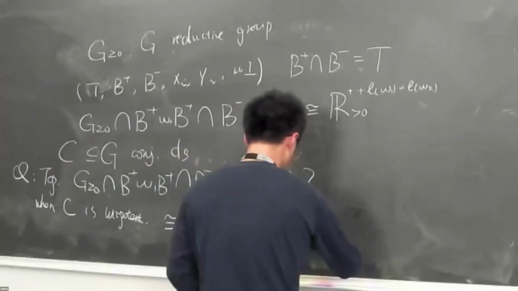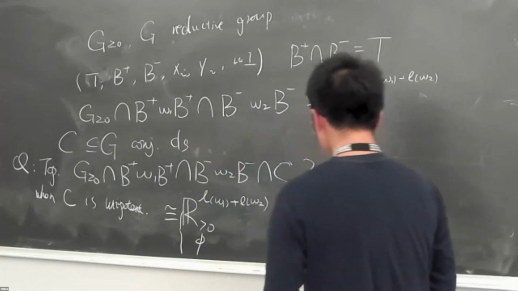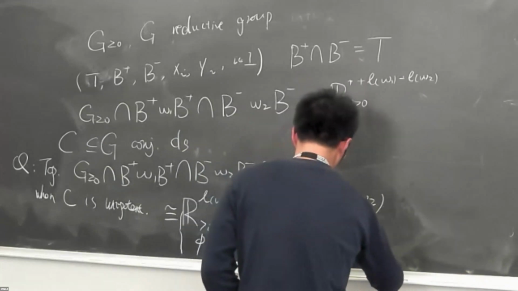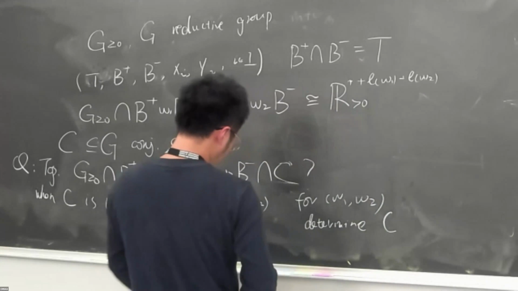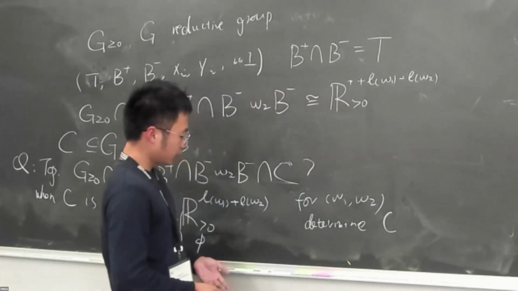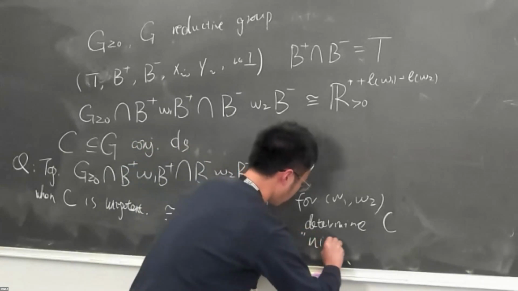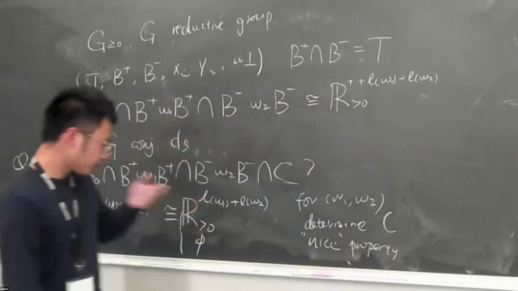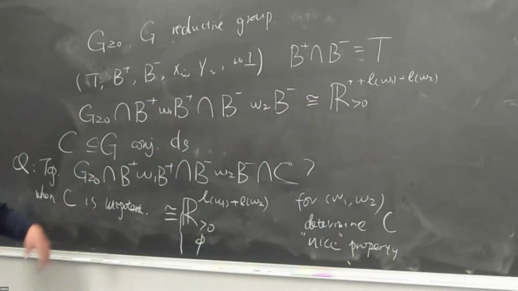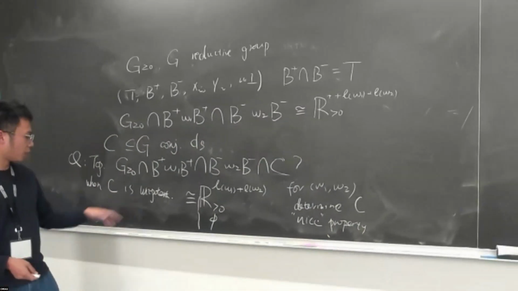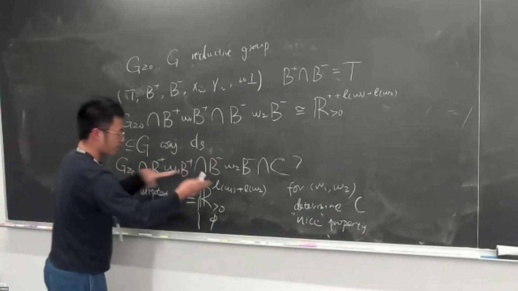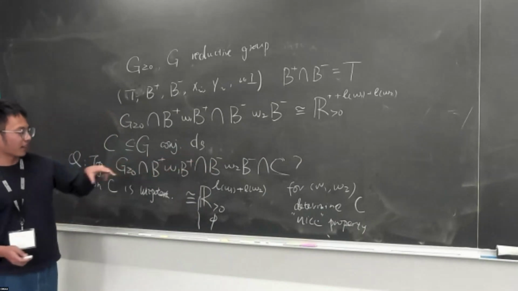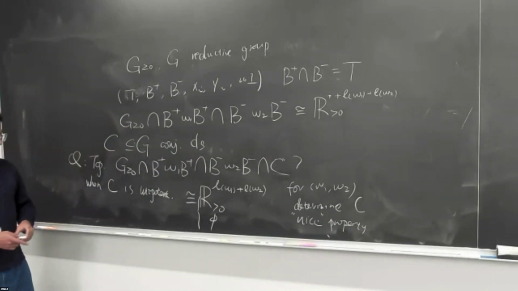And for every pair W1, W2, we can determine C explicitly, and I think C has some nice property in terms of the classification of unipotent conjugacy classes. Also, if you compute some examples of this one, then it looks quite good. I think that's my question.